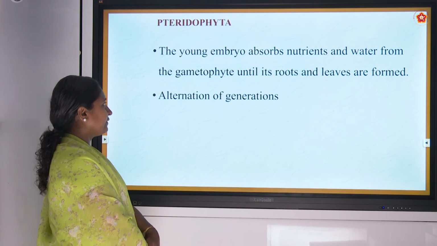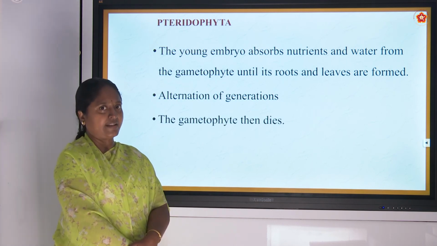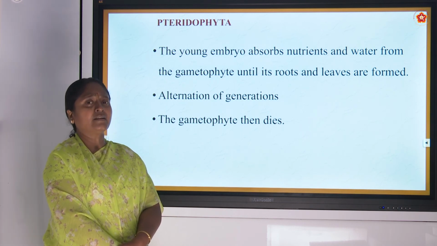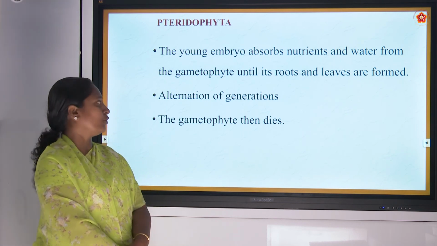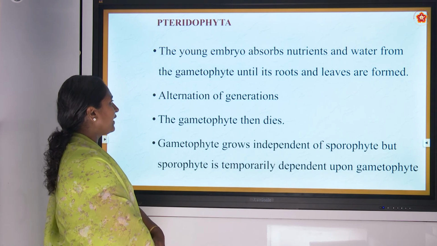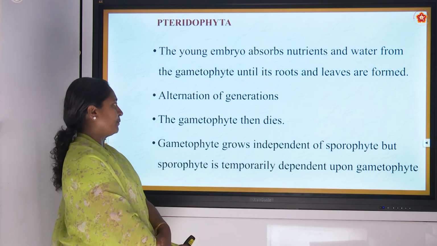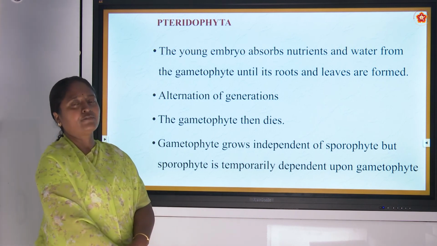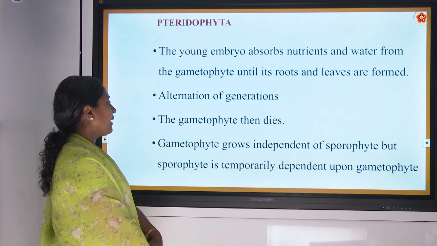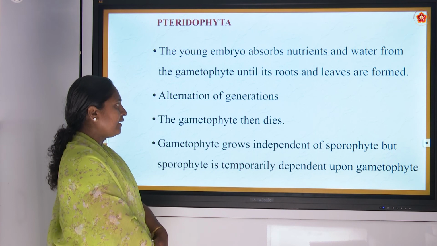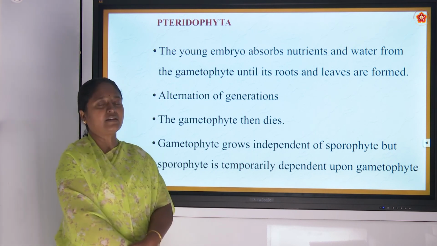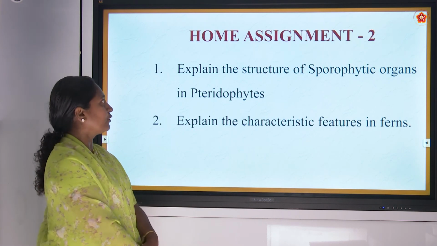Here also we can see alternation of generations, that is, the sporophyte is succeeded by the gametophyte and so on. The gametophyte, when its part is done, dies, whereas the sporophyte lives for a longer duration. The gametophyte grows independently of the sporophyte, but the sporophyte is temporarily dependent on the gametophyte for its growth.